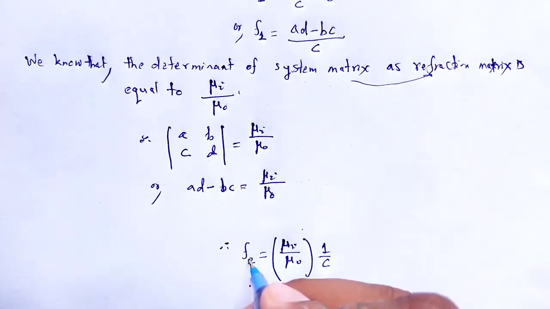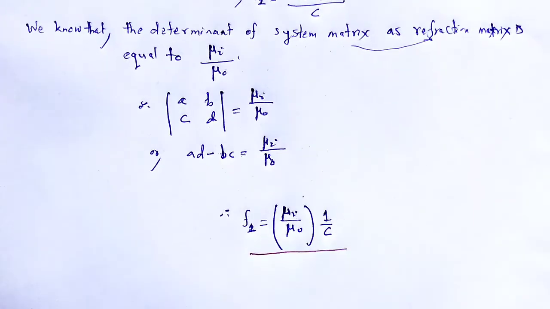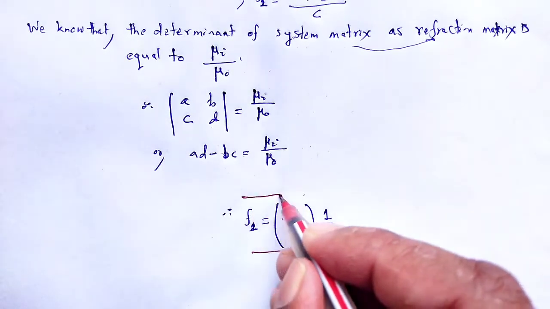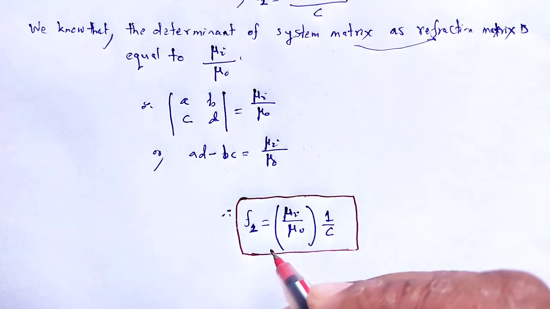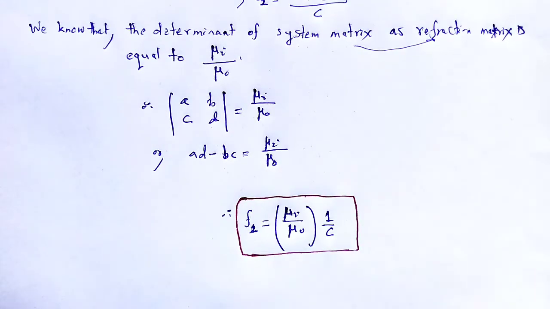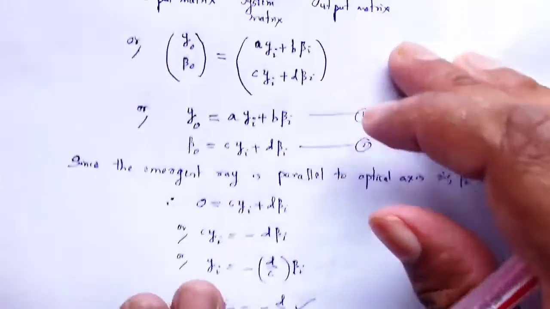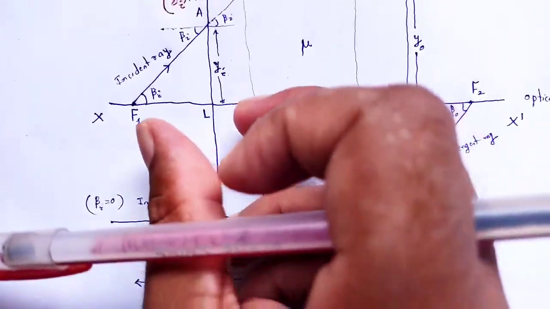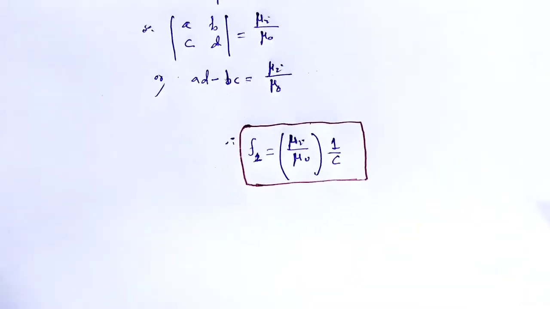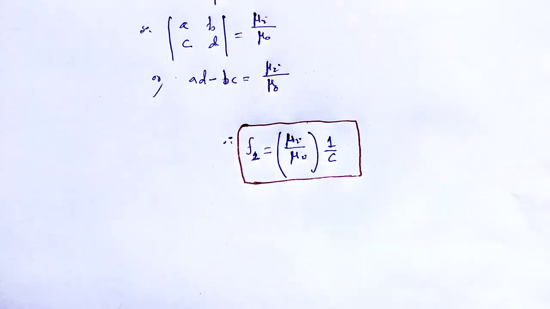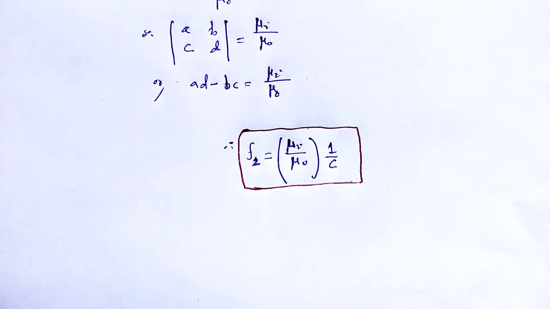That is the first focal length F1 in terms of system matrix component, mu I by mu O into 1 by C.